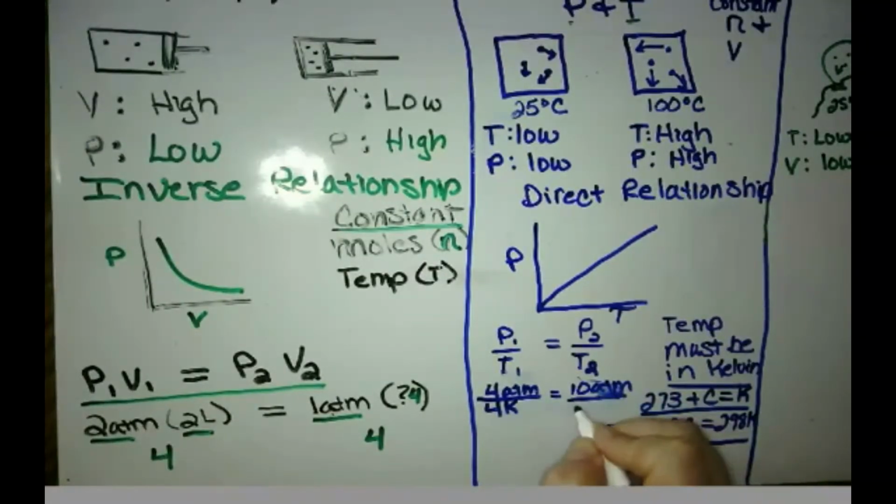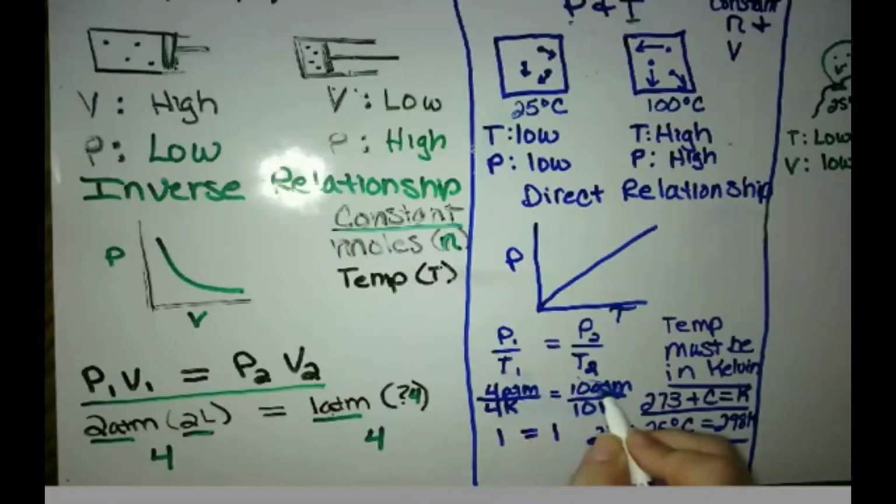What does this have to be? This has to be 10 K. Why? Because 4 divided by 4 is 1 equals 10 divided by 10 is 1. If I increase my pressure, my temperature must have gone up to get that pressure. Okay, so this is just showing you that it is a direct relationship.